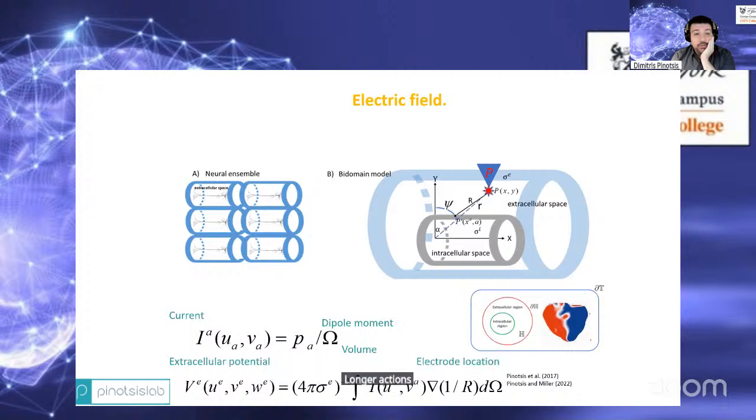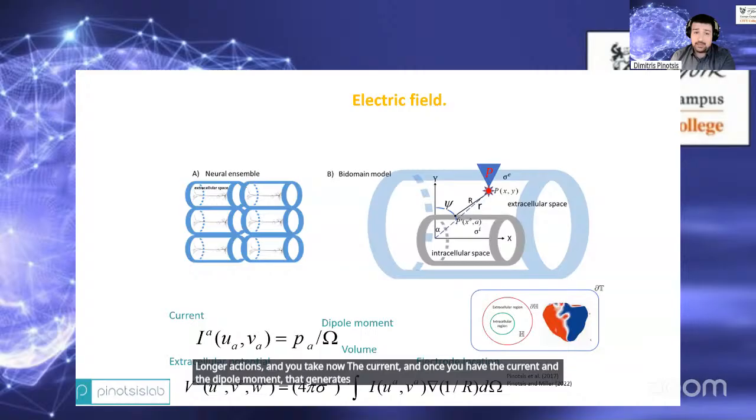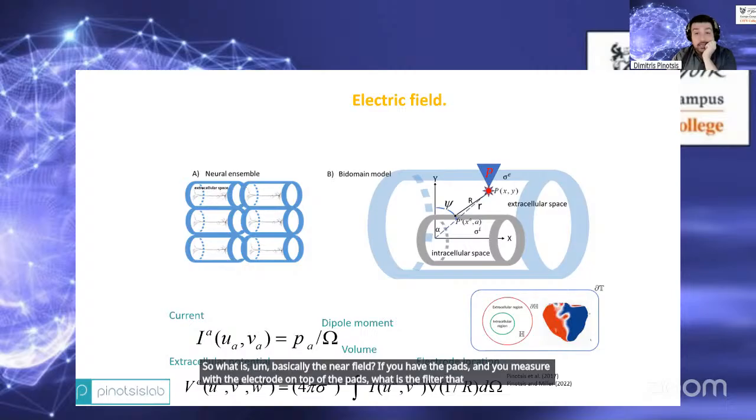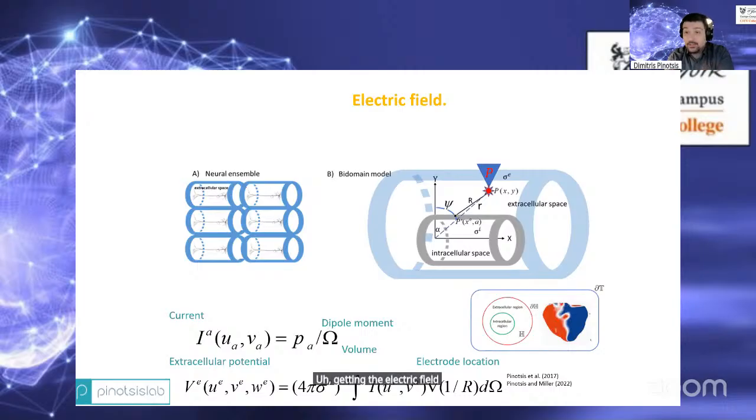You take the current, and once you have the current and the dipole moment that generates electrical activity, you can get the extracellular potential. So what is basically the near field? If you have the pads and you measure with the electrode on top of the pads, what is the field that exists there? This is an extension of an idea used in cardiology. This model was used first for getting the electric field that you have in a cardiogram, for example.